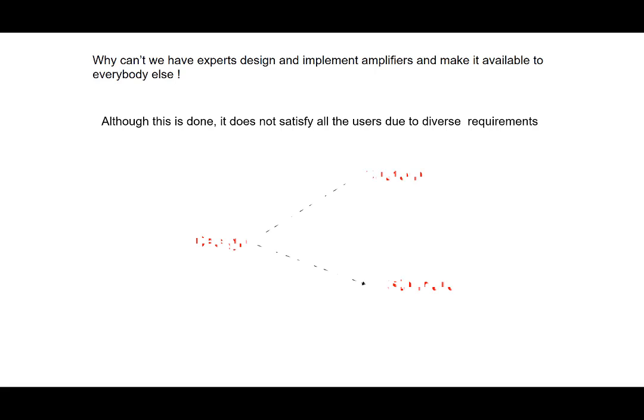So what this is trying to illustrate is that there are two ways in which design can be done. One is a general purpose standard design, which you can go and pick up from the market and use for your application. That particular design may have a fixed gain of, let's say, 100 or 200, a fixed input resistance, frequency response, and things like that. If it fits your application, fine, but many times it may not.